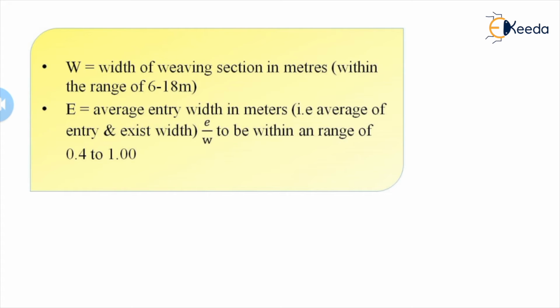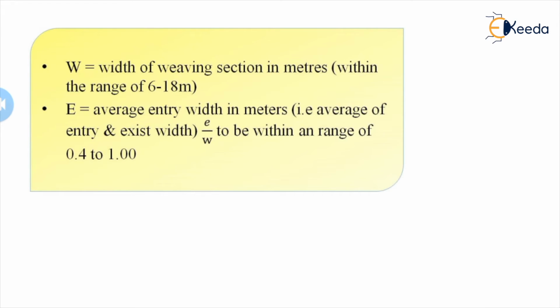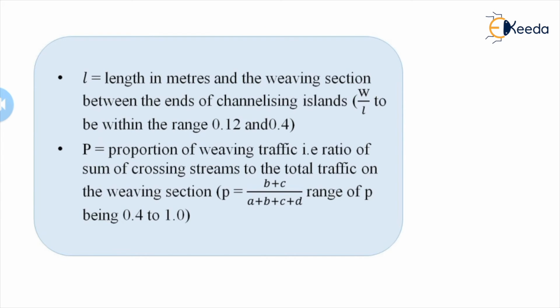That is, this E is the average of the entry and exit width, and this W is the width of the weaving section in meters, and the remaining are L and P. L is the length in meters of the weaving section between the ends of the channelizing islands. W by L should be in the range of 0.12 to 0.4.